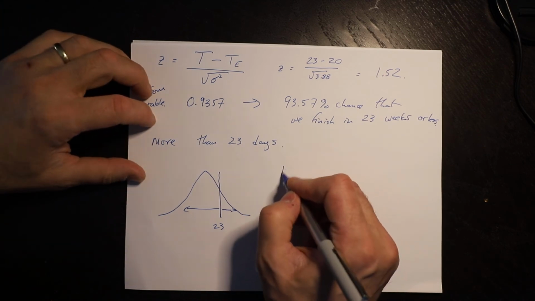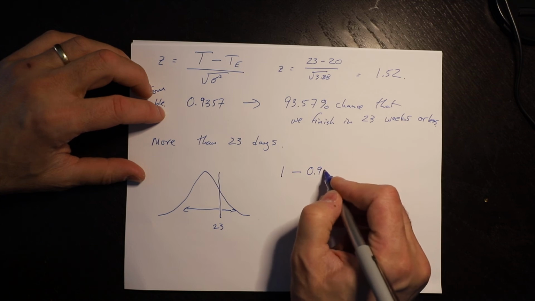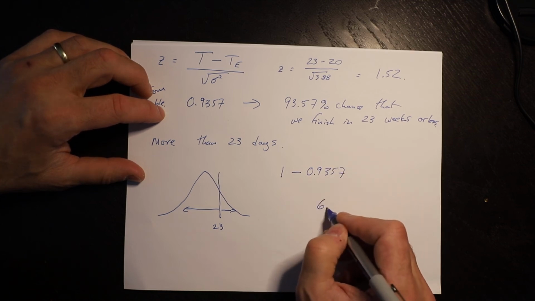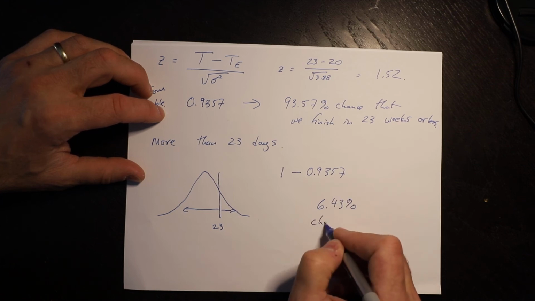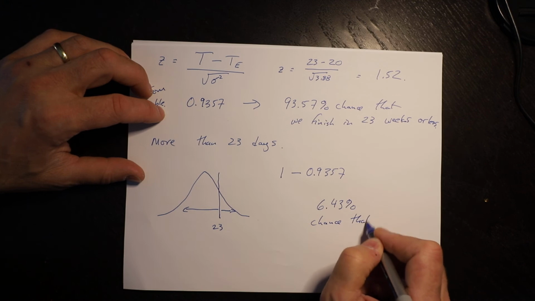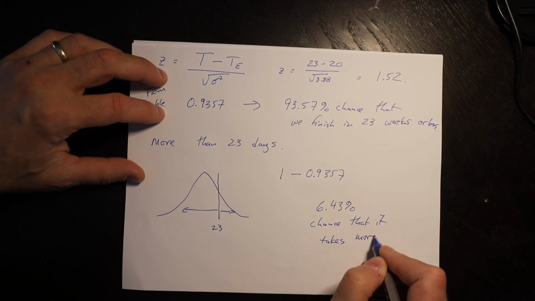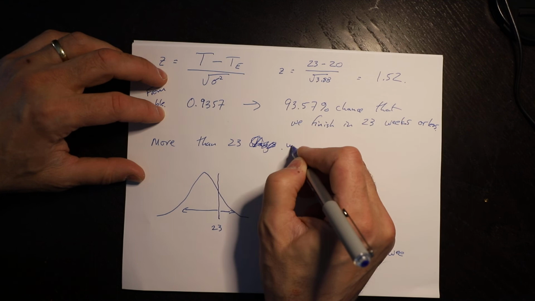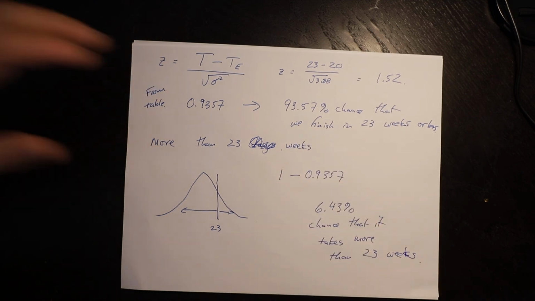So you would just simply do 1 minus 0.9357 and you would get a 6.43% chance that it takes more than 23, and I should say weeks. Sorry, this should be weeks. You have to stay in the same units. Weeks. Okay.